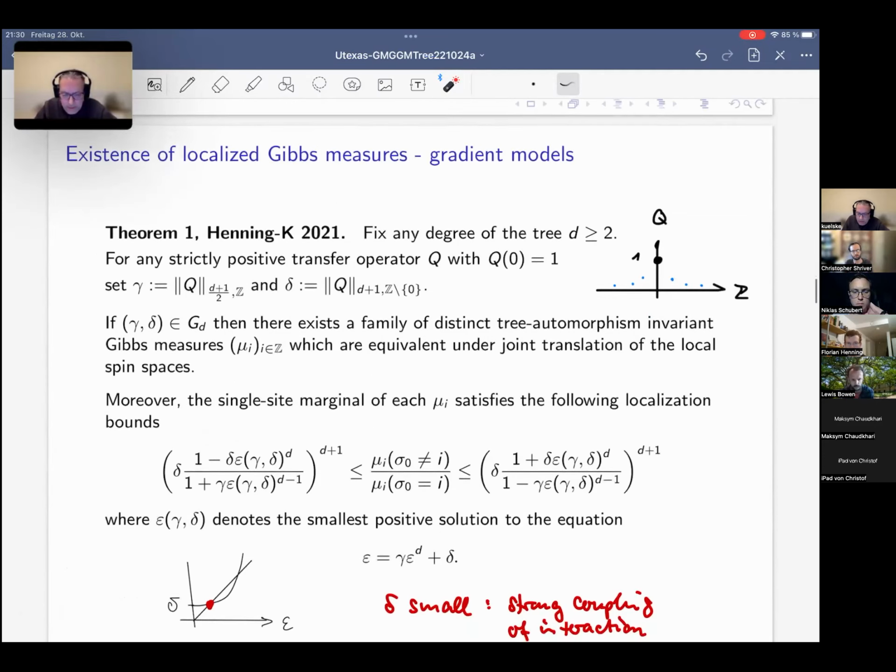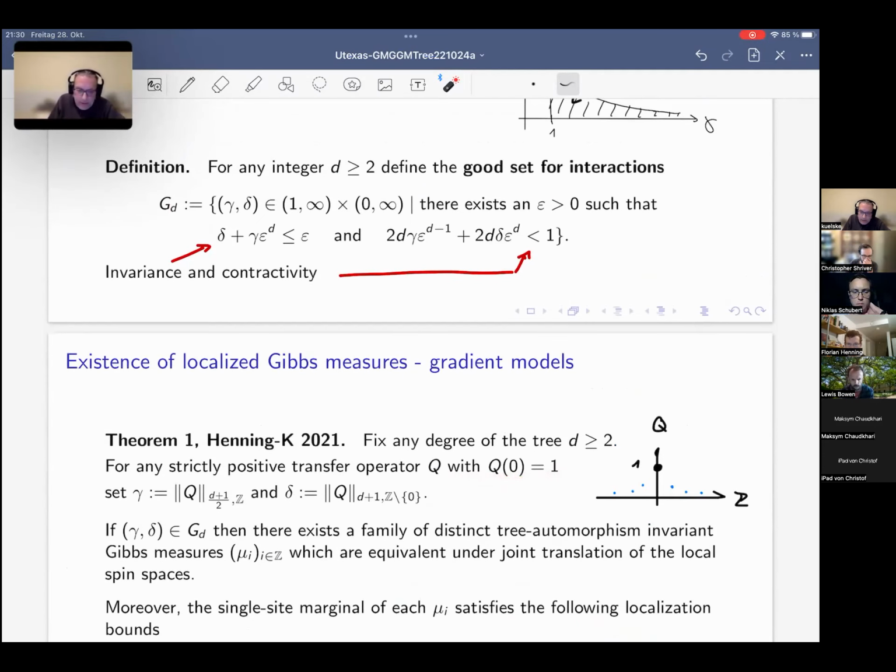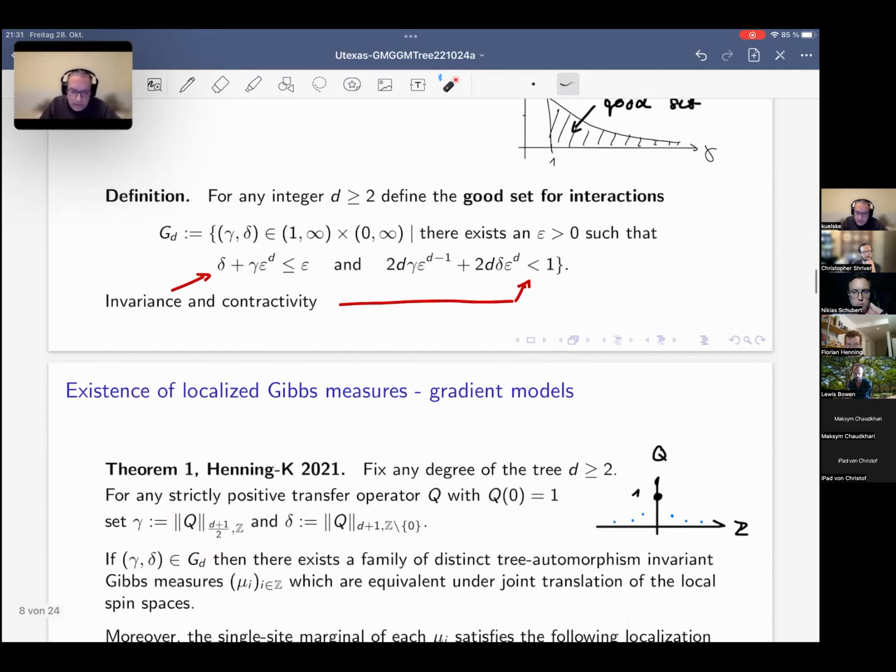And so then we set these 2 parameters. Gamma is the (D plus 1)/2 norm on the full Z. So essentially, this thing has to be finite, smaller than infinity. And then we set delta to be the D plus 1 norm, but only away from the 0. And the idea is that the delta should be small.